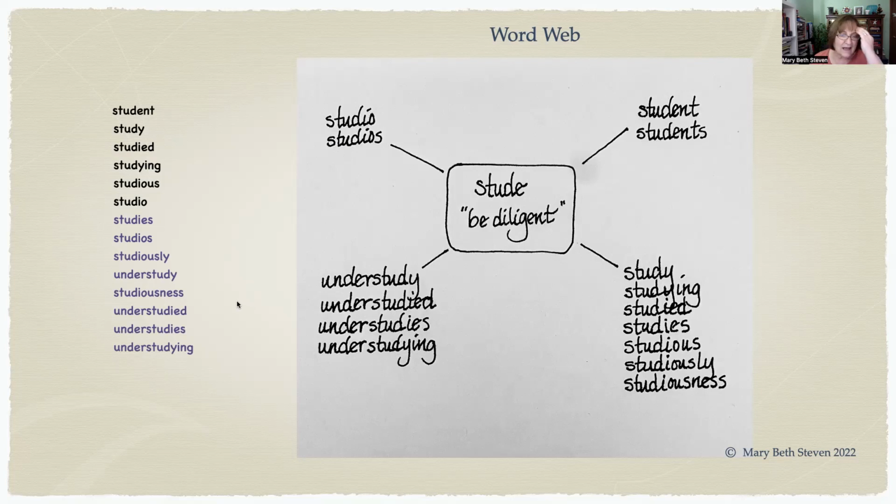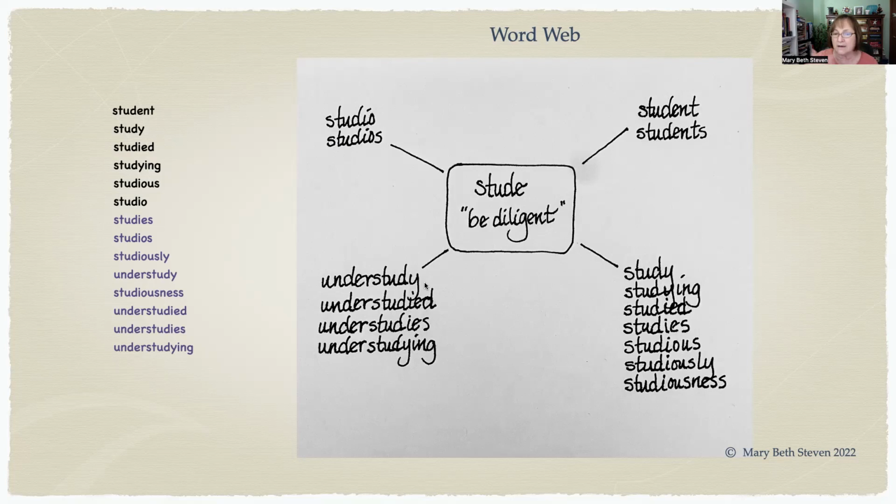So yeah, what I like about doing this is we can focus on meaning. I like to take a moment and say, okay, study. What does that have to do with be diligent? What does students or student have to do with being diligent? What about an understudy? What is an understudy? Does everybody know what an understudy is, right?